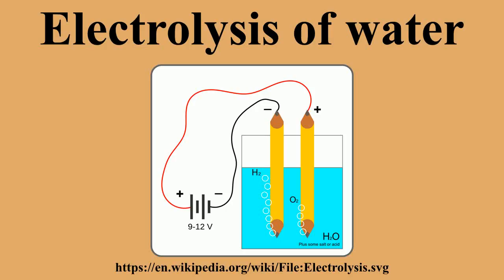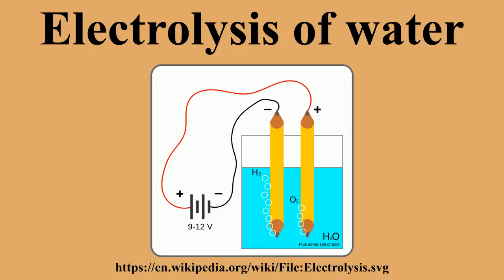When Zénobe Gramme invented the Gramme machine in 1869, electrolysis of water became a cheap method for the production of hydrogen. A method of industrial synthesis of hydrogen and oxygen through electrolysis was developed by Dmitry Lachinov in 1888.